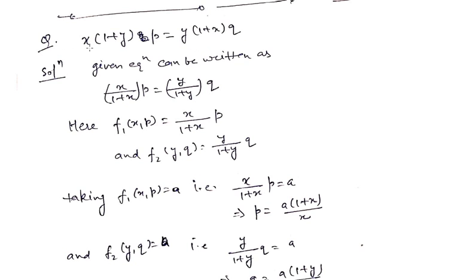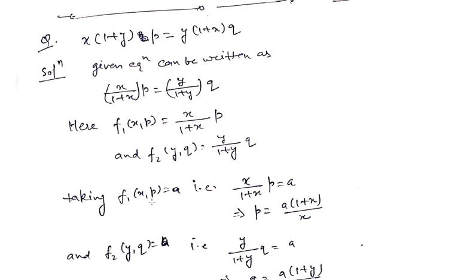When we divide the whole equation by (1 + x)(1 + y), in the left hand part we have the terms of x and p only, and in the right hand part we have the terms of y and q only. Now we will equate this equal to some arbitrary constant a.